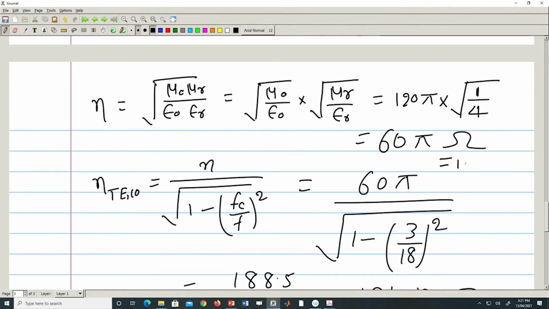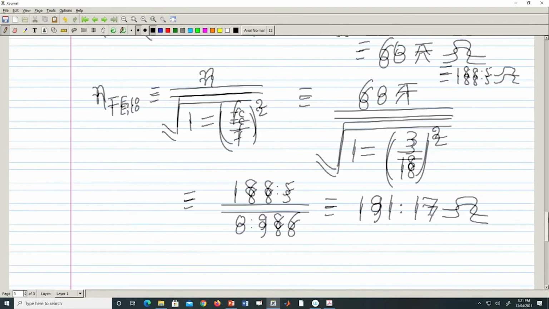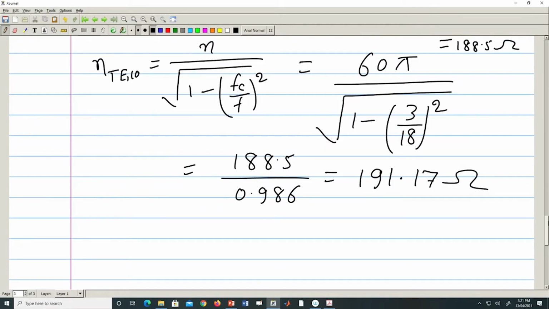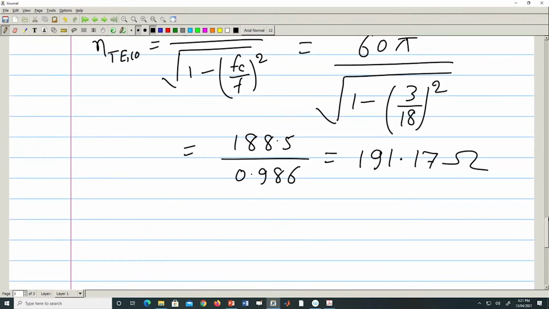Similarly, we can calculate the wave impedance for the TM11 mode. For the TM11 mode we know the formula is eta times the square root of 1 minus (Fc upon F) whole square. So Fc we have to calculate because Fc is unknown here, it will change for every mode.